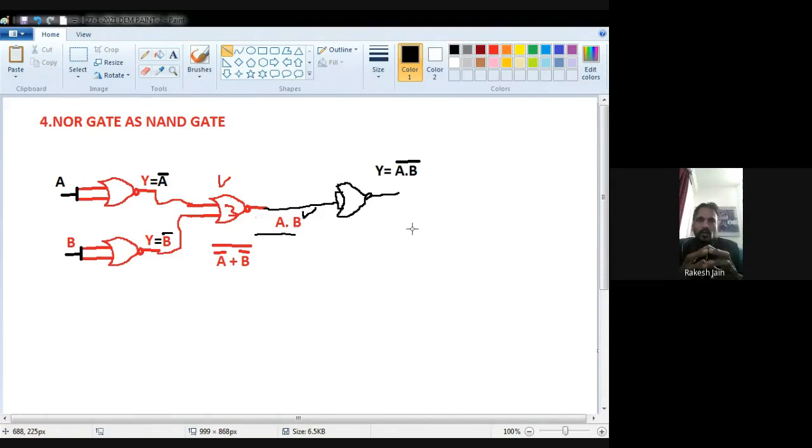So the output is just the addition of the inputs having a complement. So y is equal to A bar plus B bar having a bar. So by the De Morgan theorem, I prove that y will be A dot B.